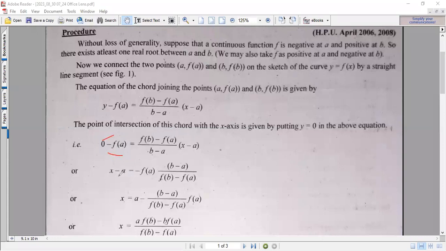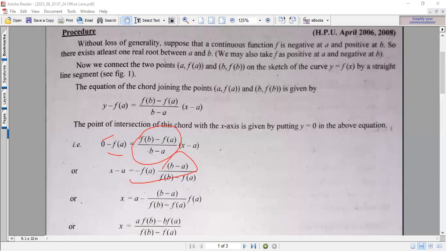Taking the factor to the other side, x equals a minus (b minus a) upon (f of b minus f of a) into f of a.